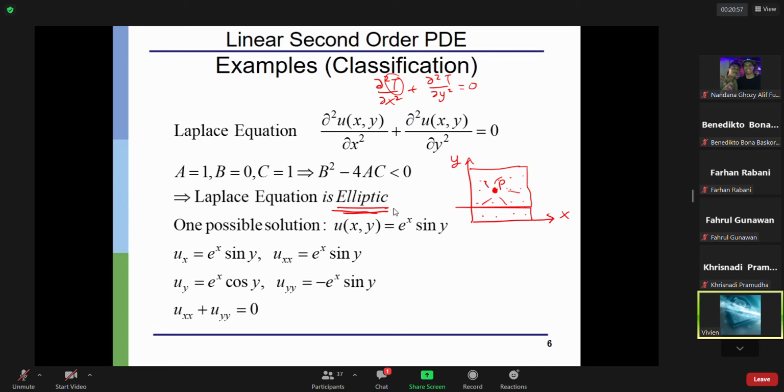So this is included as an elliptic problem. We have an illustration: if we have an elliptic problem, any disturbance given at one point of the domain will have an effect on all areas of the domain.